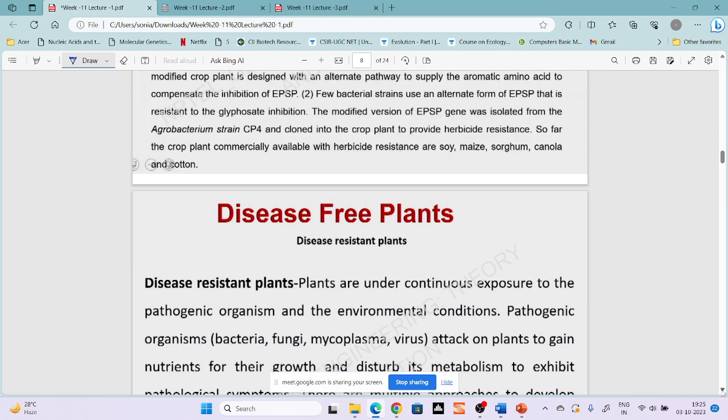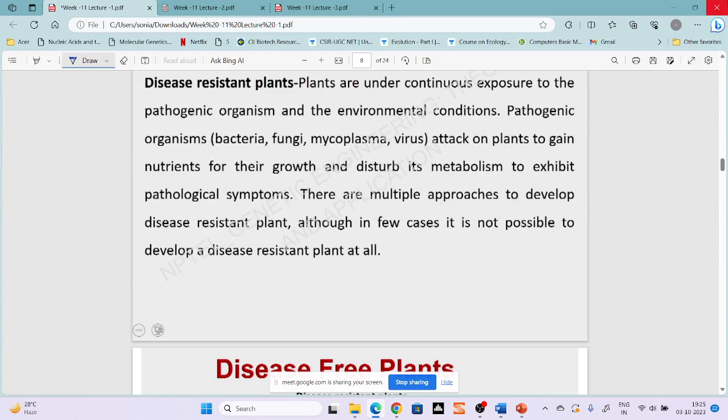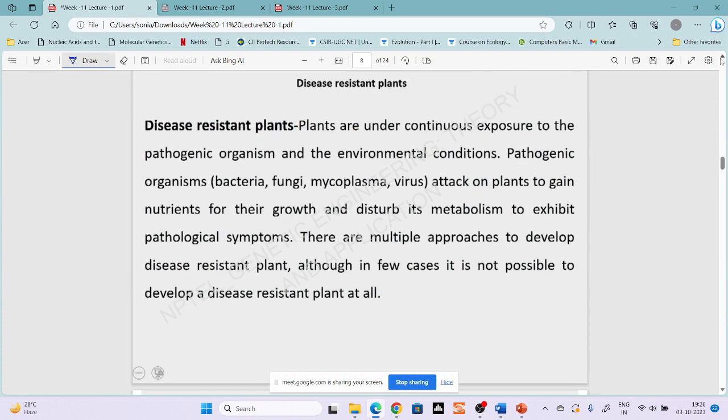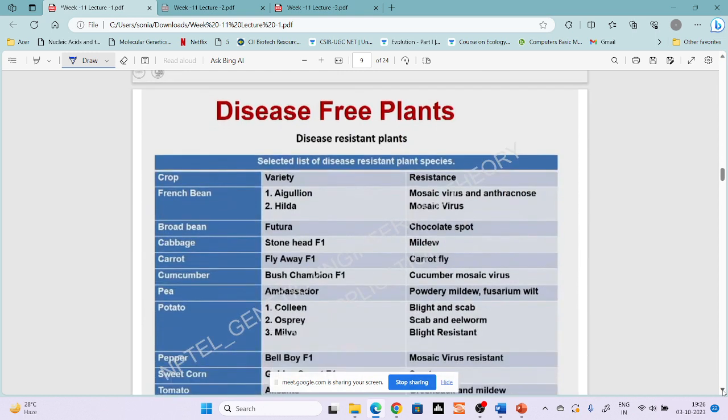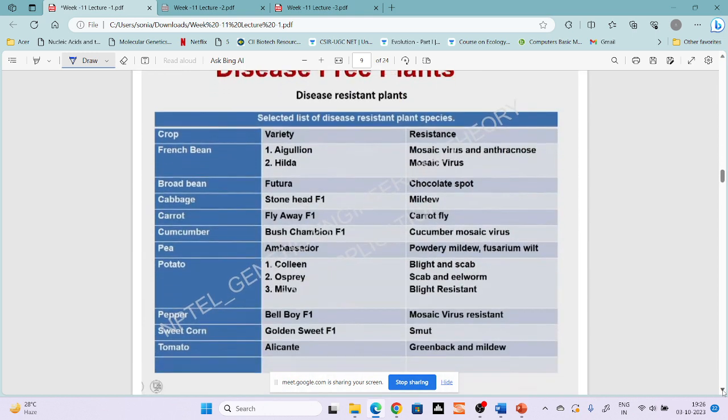The next strategy is to make disease free plants. For creating disease free plants, what they have done, you can see here, this is the list of disease resistant plants.